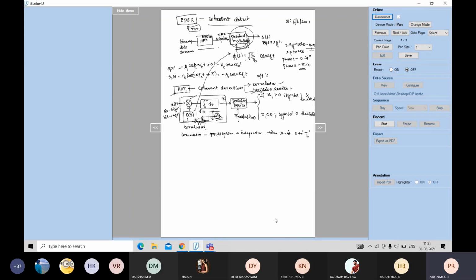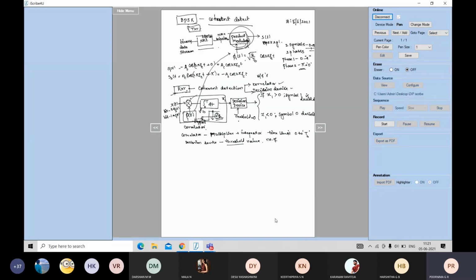So therefore the integrator is used to time limit, and if you are going for the decision device, the next block is a decision device. This decision device will have a threshold value, and how do we calculate this threshold value? For that you can consider the number of symbols.